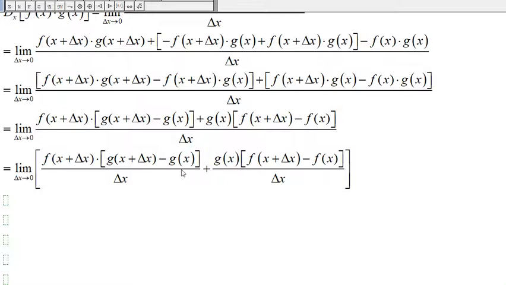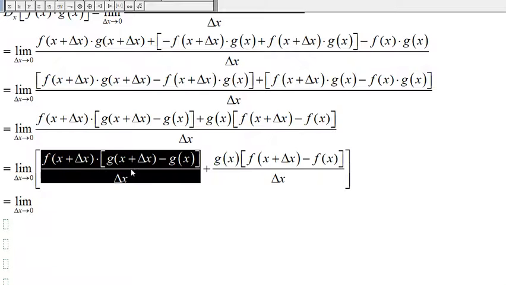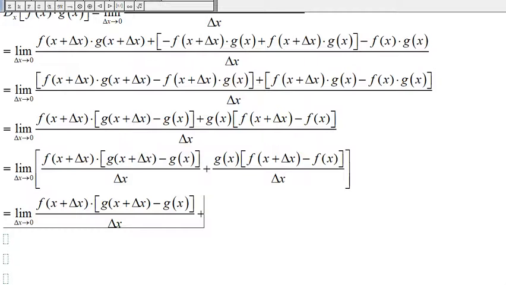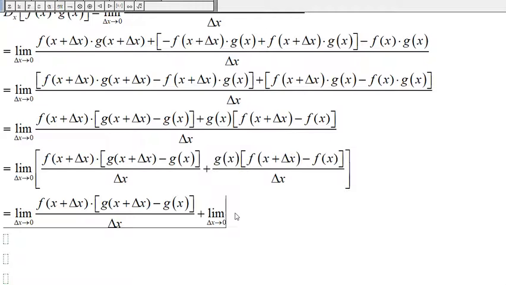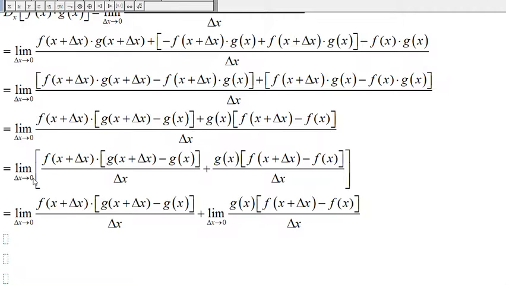This is the limit of a sum, then it becomes a sum of limits. So this will become the limit of the first group here, and then plus the limit of the second group. So the limit of a sum is just the sum of limits.